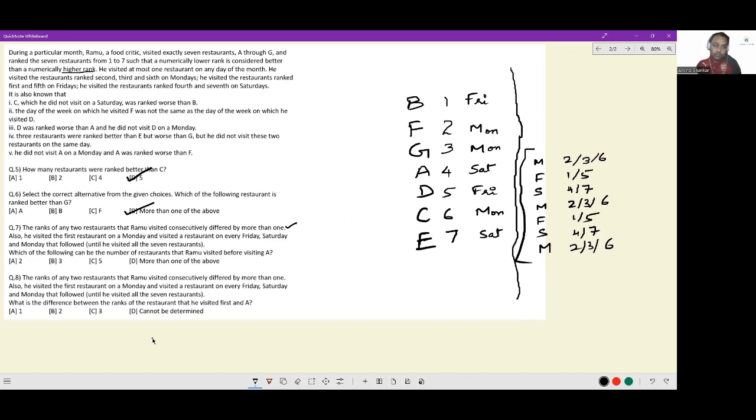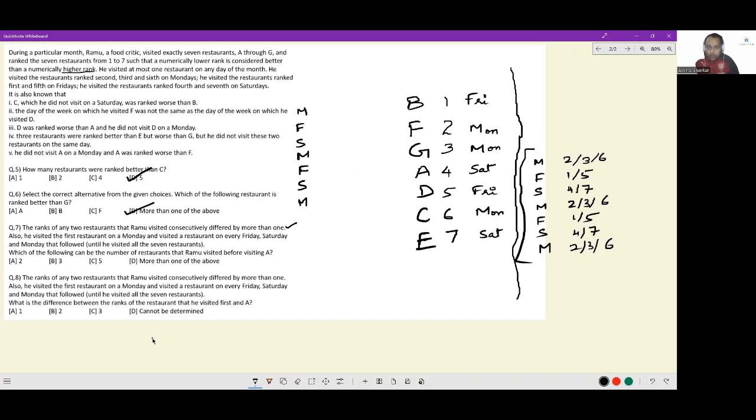The ranks of any 2 restaurants that Ramu visits consecutively differed by more than 1. Let's say Monday, Friday, Saturday, Monday, Friday, Saturday, and Monday.